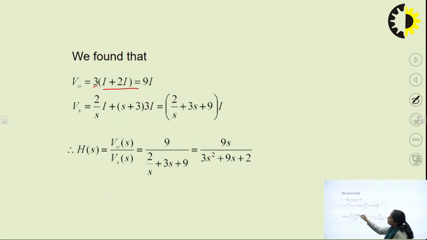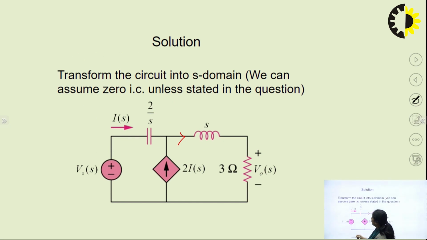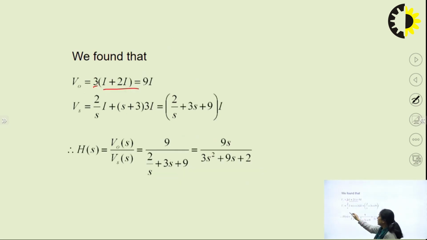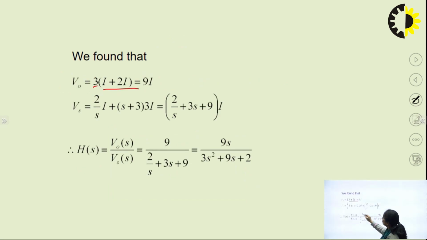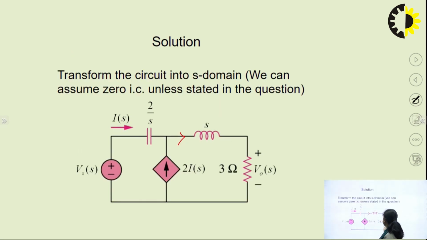Now what is Vs? In this loop you can write the KVL. So Vs is 2 by S into I plus S plus 3 into 3I. So the 3Is current is there.